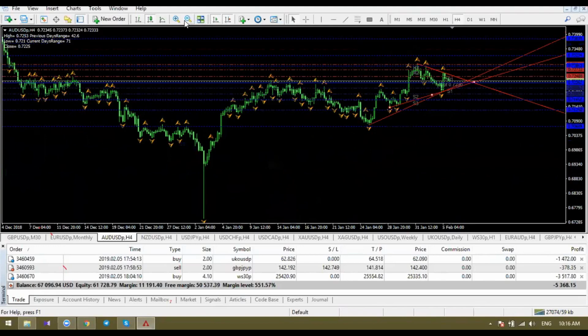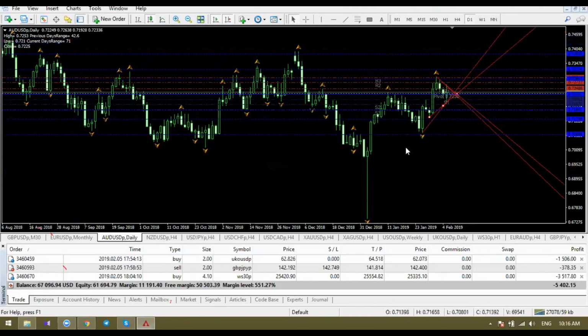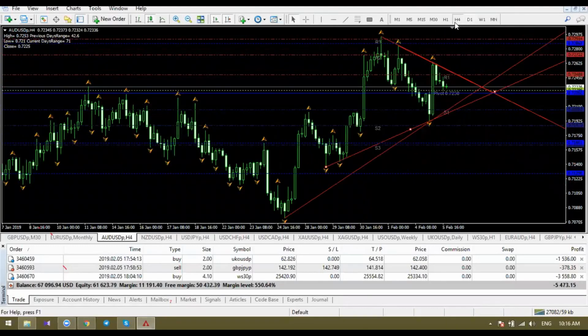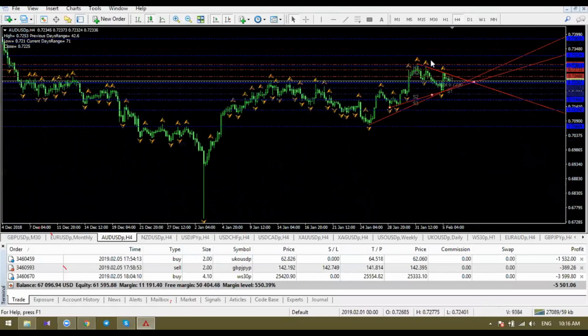For your understanding, the lowest peak that we have to the highest peak that has been created after the center would be our general trend line.